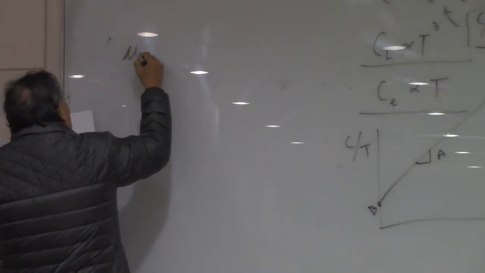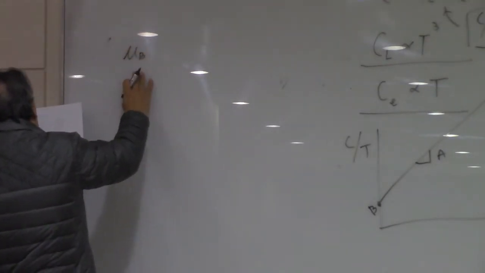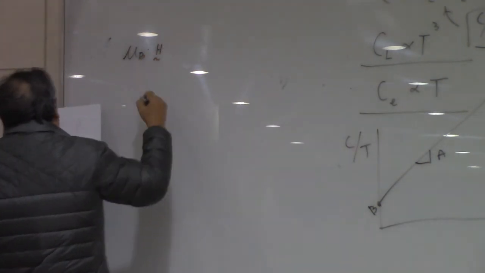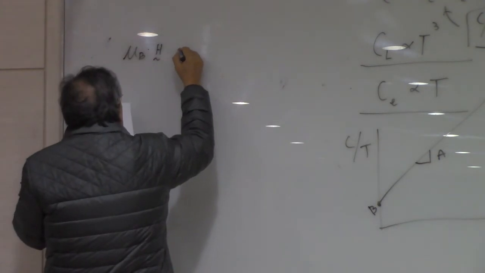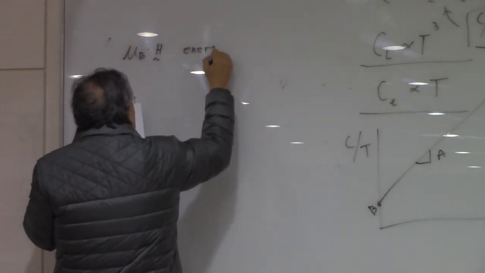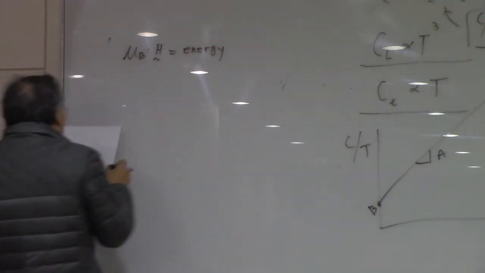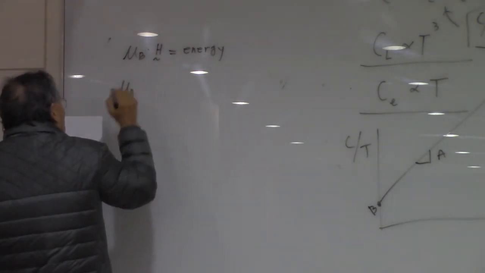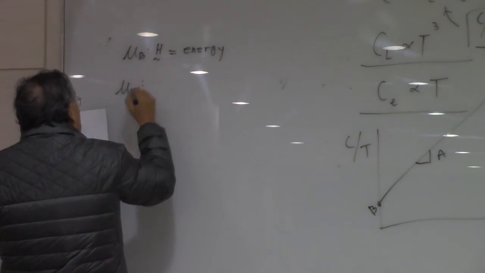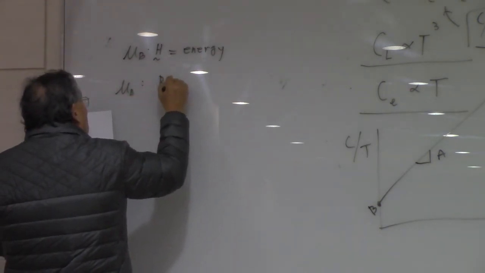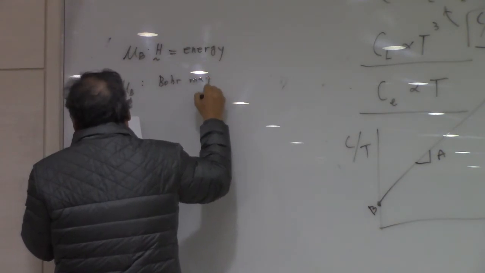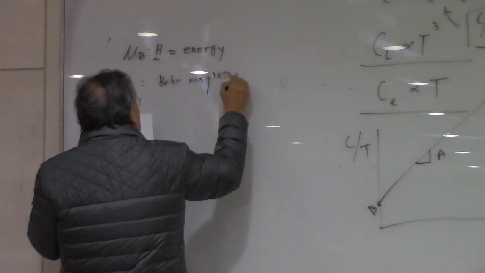And then with the magnetic field, the magnetic energy can be written just like that, and this mu B is the Bohr magneton.